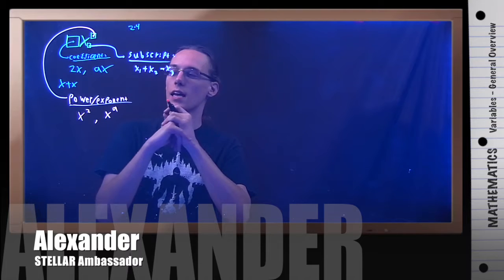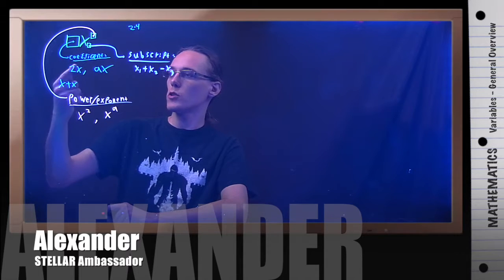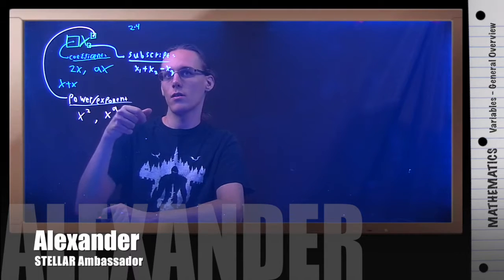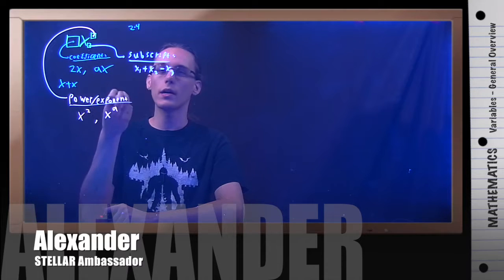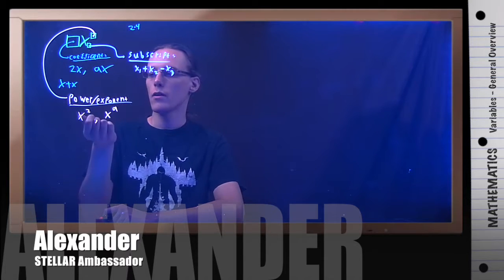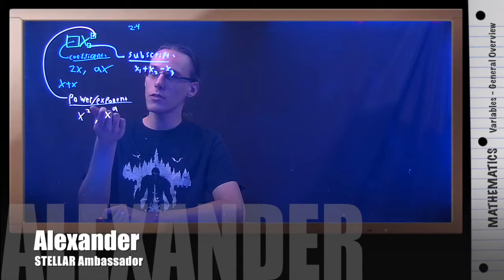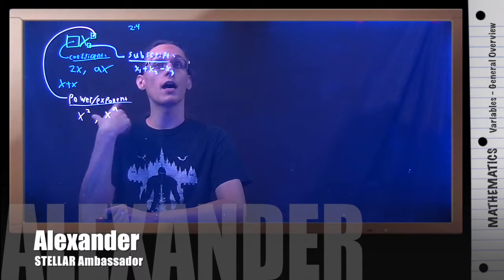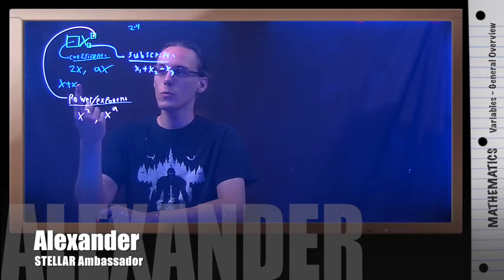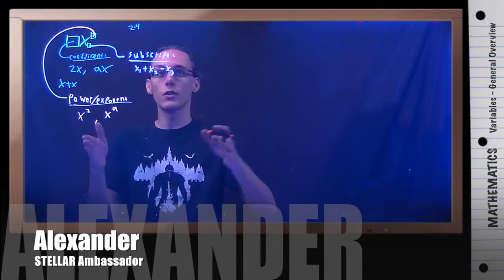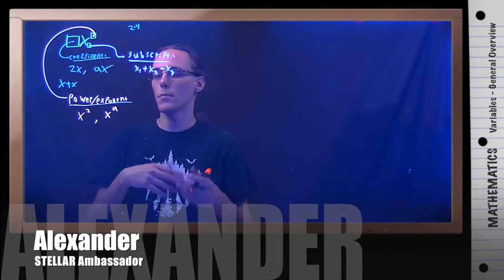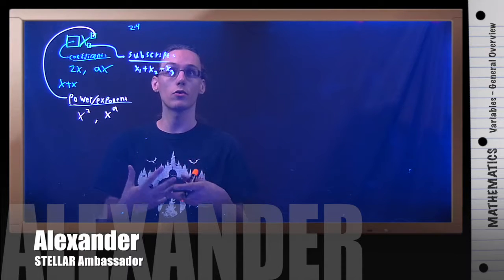So a very common mistake is that people mix up 2x with x to the second. And you have to remember what an exponent is. So, for example, if I had 3 squared, that doesn't mean 3 plus 3. That means 3 times 3. So multiplication is a shorthand for a whole bunch of addition. An exponent, or a power, is a shorthand for a whole bunch of multiplication.